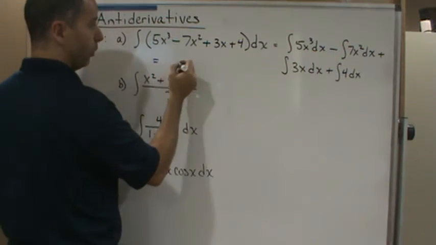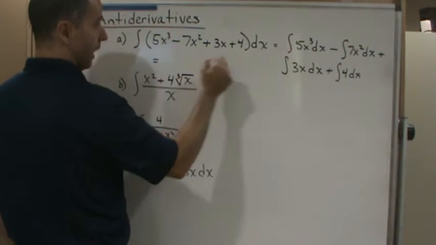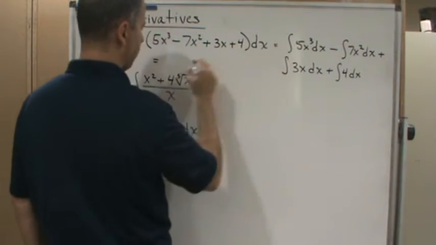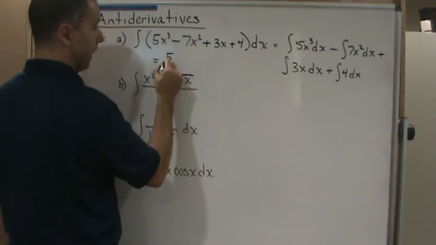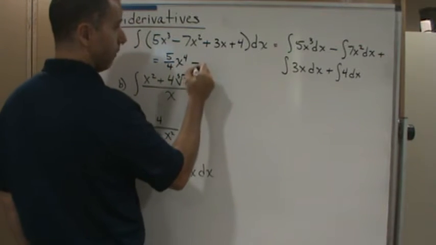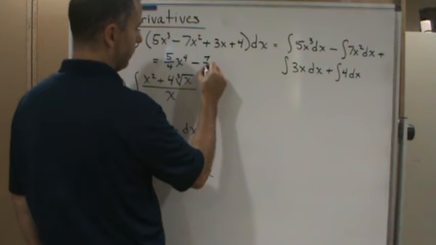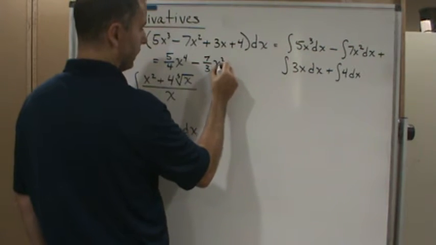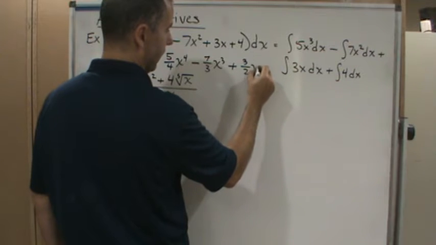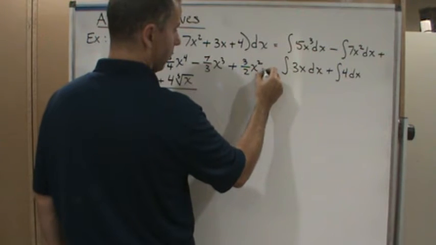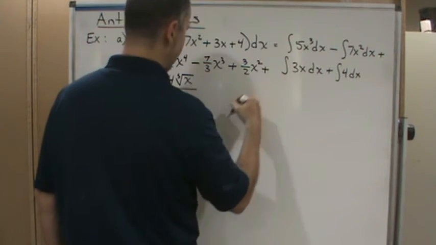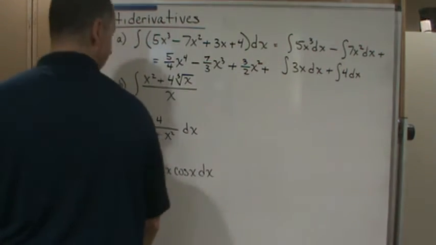So that's going to equal 5, and the power rule says increase the power by 1 and divide by the new power. So this is going to become 5/4 x to the 4th minus 7/3 x to the 3rd plus 3/2 x squared plus 4x, right?